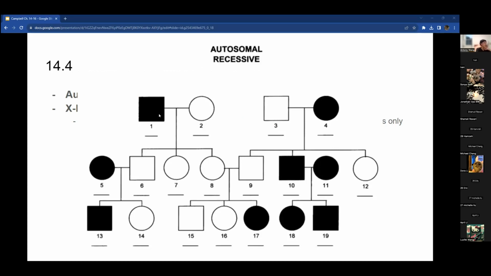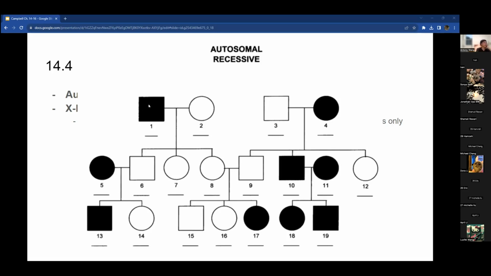Here's an example of a pedigree. A little bit about how to read a pedigree. The squares represent males. The circles represent females. If the shape is shaded, like this square is shaded, the circle is shaded, it means that they are affected by the trait. So in this case, it's autosomal recessive.